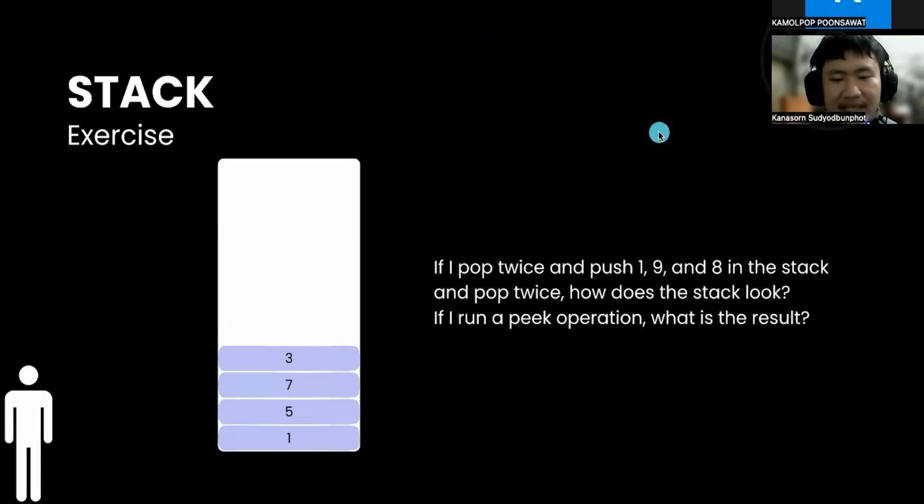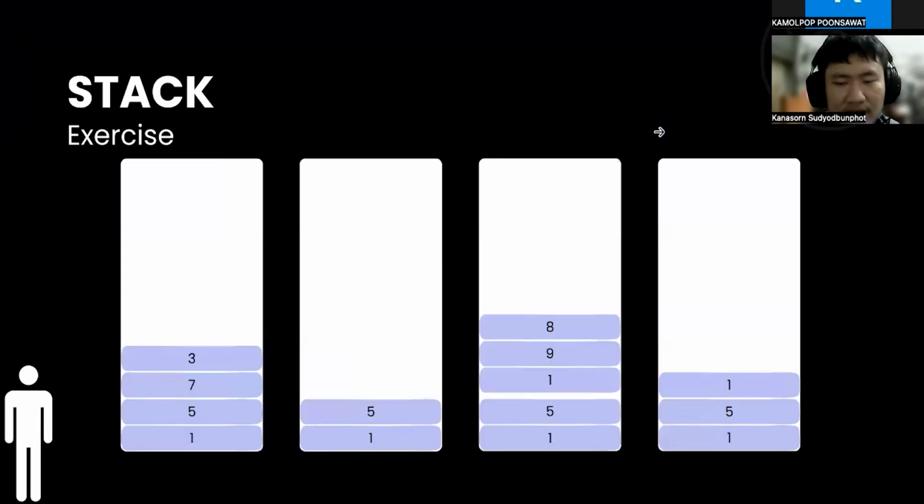Okay, let's see the answer. The stack has 4 elements. When you use the pop operation, 3 will come out of the stack first, because 3 is at the head of the stack. Second is 7. Now we have only 5 and 1 in the stack. If we push 1, 9, 8 in that order, now we will have 8 at the head and 9, 1, 5, 1 in order.